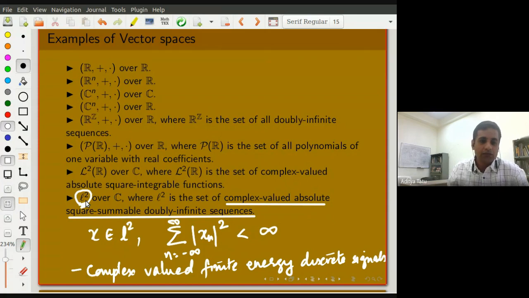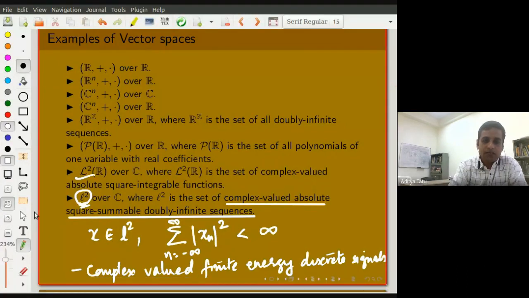So if you go through the book, most likely you will see these notations. Capital L2 is for continuous valued signals which are finite energy. Small l2 is for complex valued absolute square summable sequences.